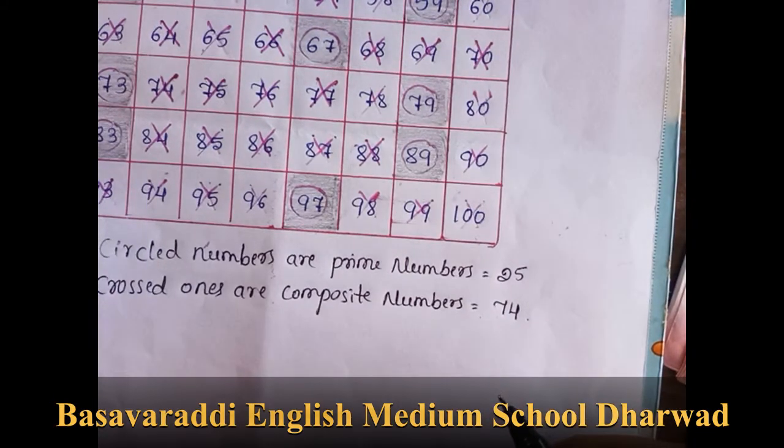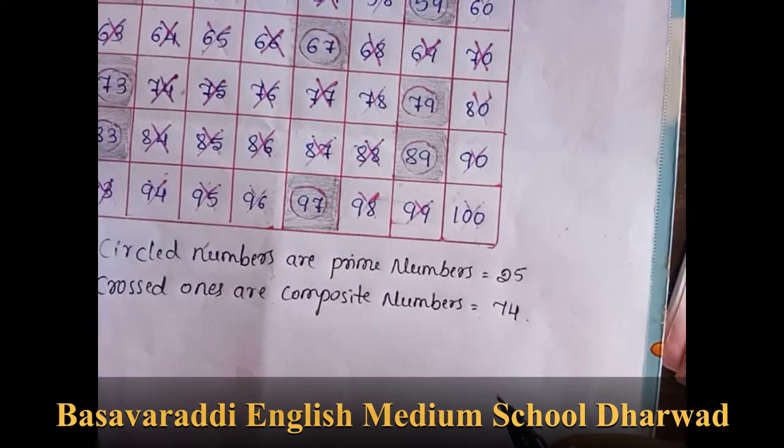The 1 is a unique number because all prime numbers are greater than 1.